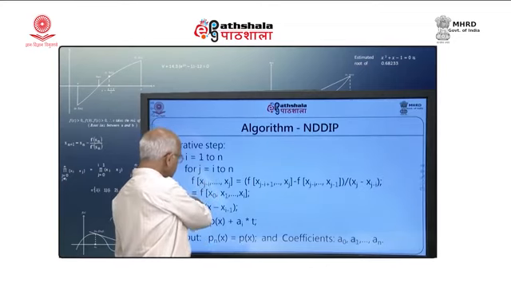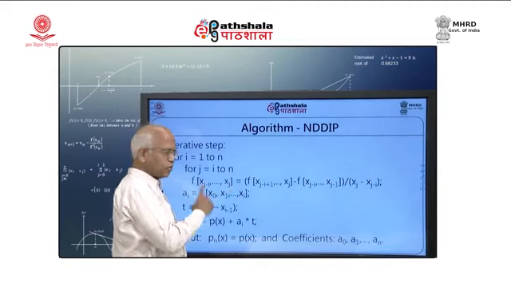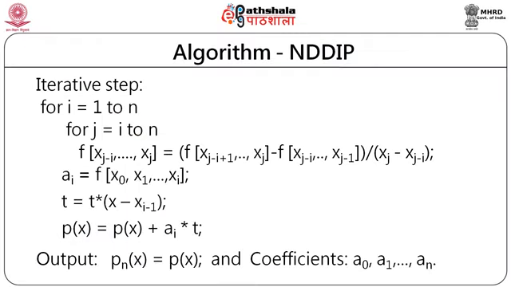Now, the first divided difference is nothing but a 1, we have already seen that, and therefore I am writing a i as the first value computed in this particular j loop. After that, I am modifying the term of the polynomial p x. The term earlier was initialized to 1, and when i is equal to 1 I will be getting the term as 1 into x minus x 0.